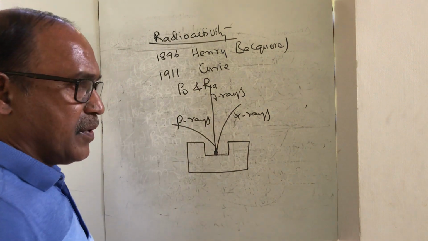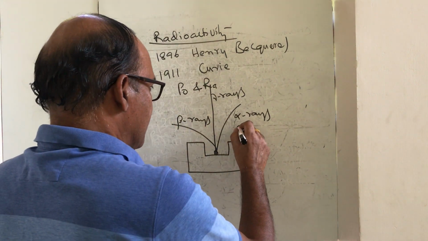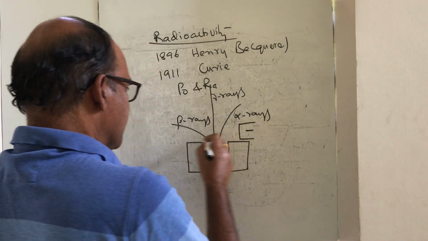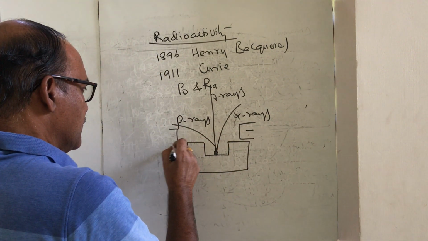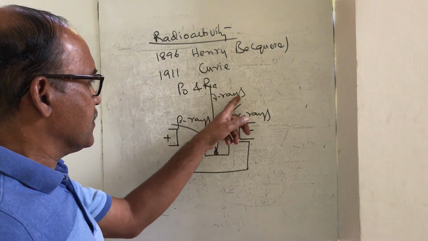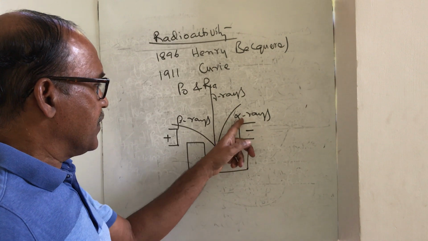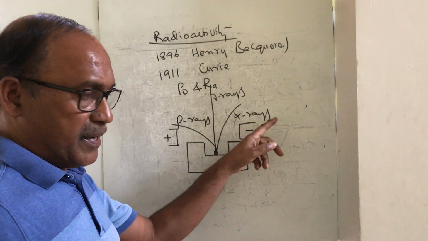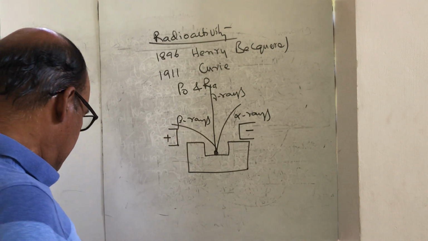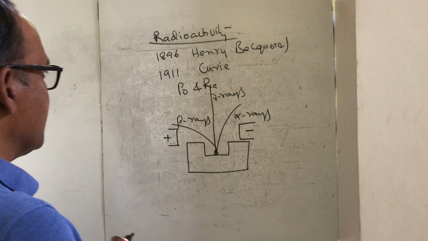These three rays are identified by placing them in a magnetic field. This is the negative charge plate, this is the positive charge plate. This clearly indicates that gamma rays do not have any charge. Alpha rays have a positive charge based on their bending nature, and based on the bending nature of beta rays, they are supposed to have a negative charge.